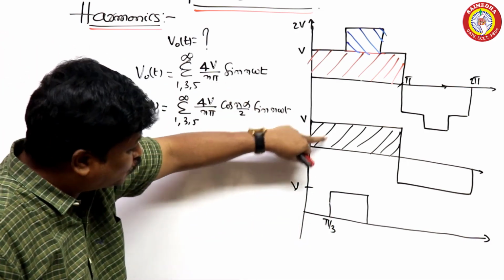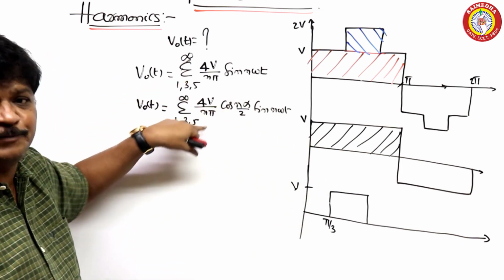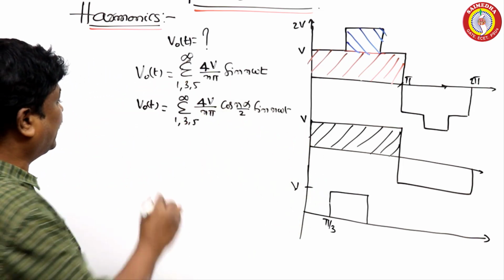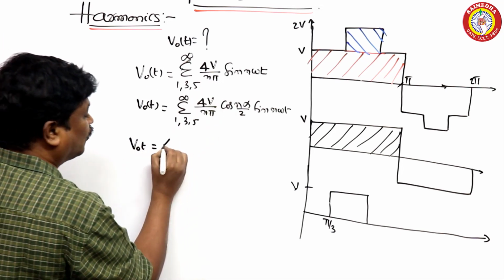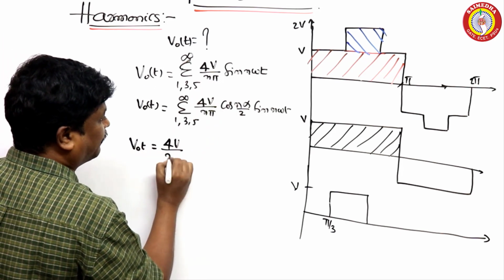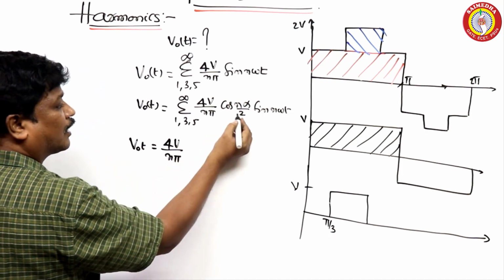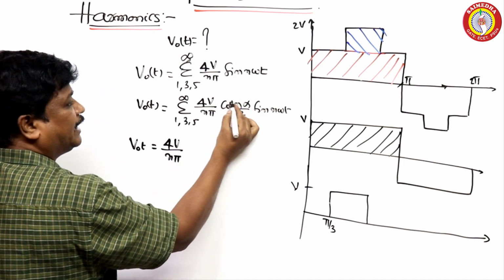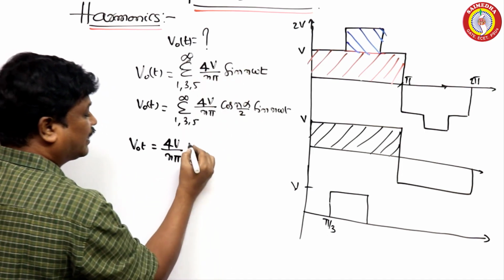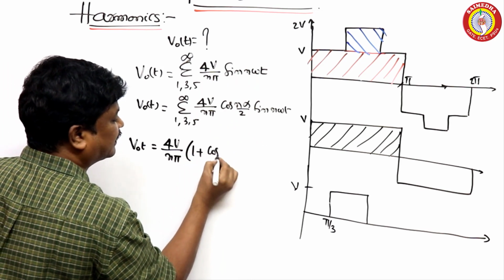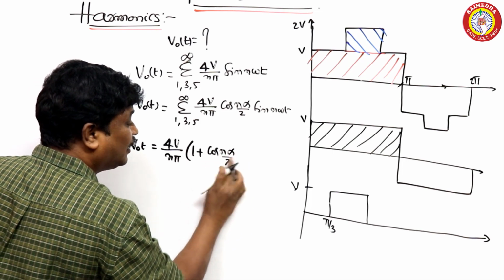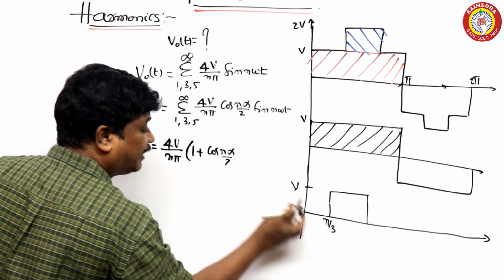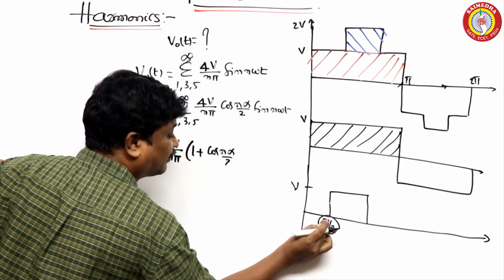So if you add together, we can add the Fourier expressions also. So V naught of t is equal to 4V divided by n pi, and here we don't have cos n alpha by 2, we can write 1 plus cos n alpha by 2. But here you are not writing n alpha by 2. Why? Because our wave starts at pi by 3.